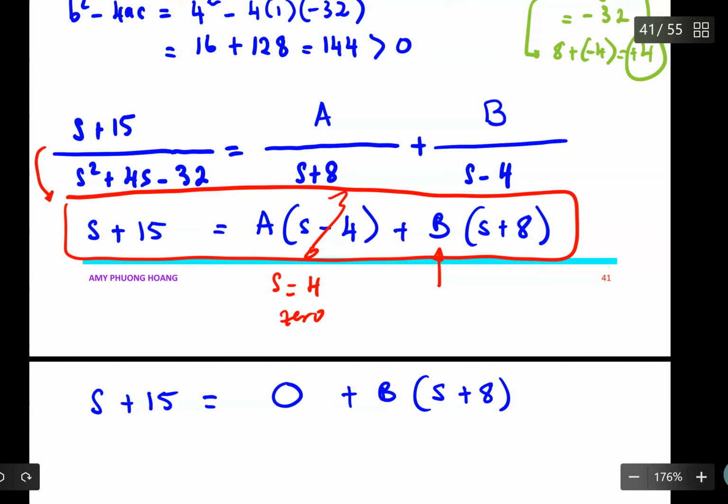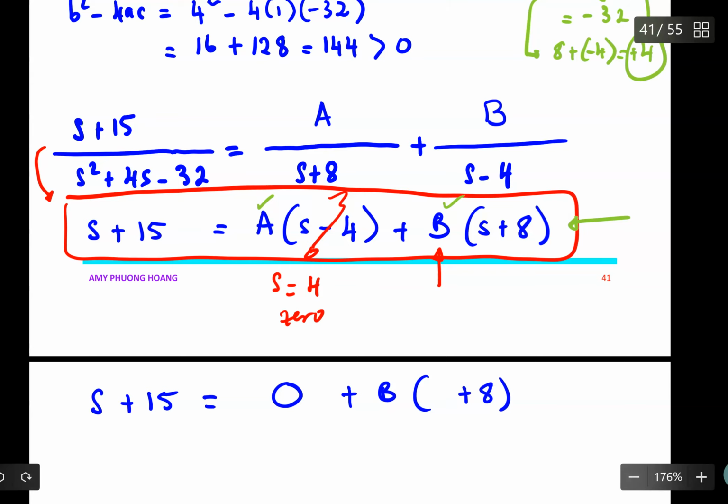Okay, this method enabled me to solve for B, because in this equation I have unknown A and unknown B. Two unknowns in one equation. If I want to solve for two unknowns, I should have two equations to work with. But in this case, I only have one. So using this method, I can eliminate one unknown and solve for the other.